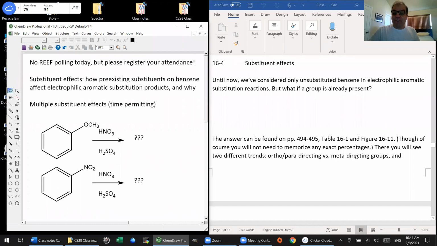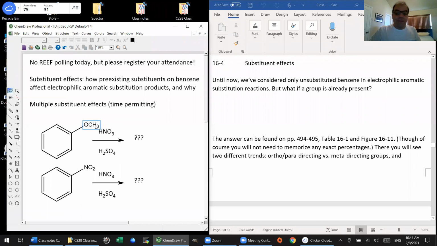With one exception, your meta-directing groups, no, I guess I have it backwards. All ortho-para directing groups will be activating except for one, and we'll get to that. That's the weird one that's right in the middle. And all meta-directing groups, without exception, will be deactivating. So we'll get to what all that means, one at a time, step by step.